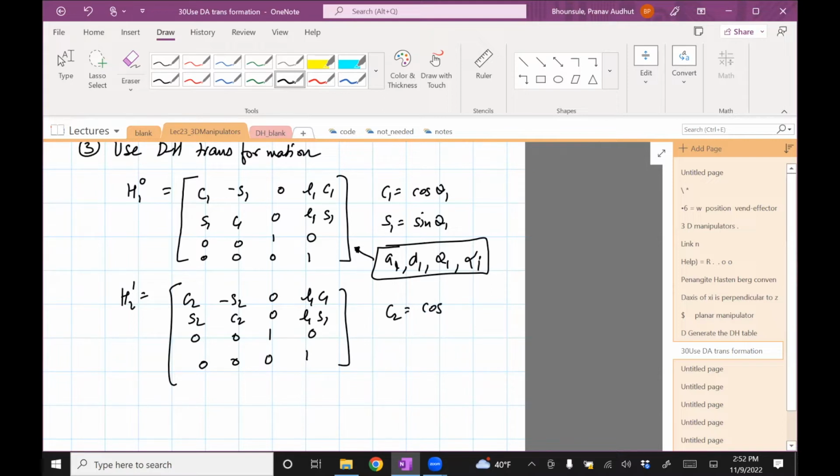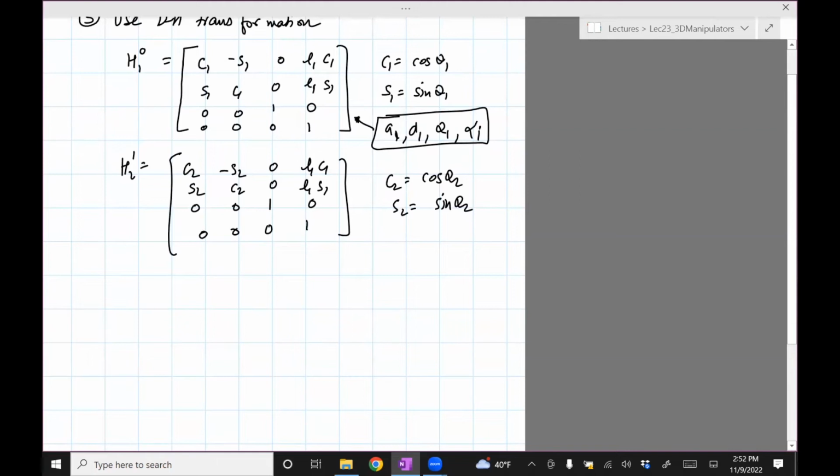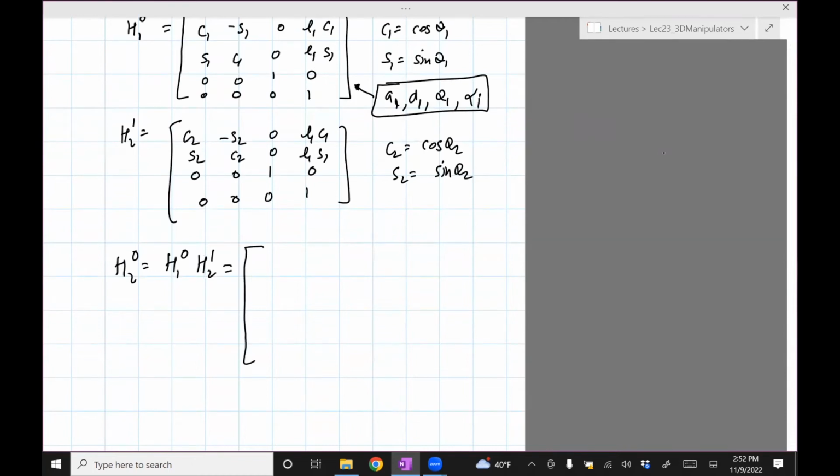C2 is cosine theta 2, S2 is sine theta 2. Okay, those are the two homogeneous matrices associated with the two links. And then finally, H20 is H10 times H21. When you do the math, it comes out to be C12, S12, minus S12, C12, 0, 0, L1 C1 plus L2 C12, L1 S1 plus L2 S12.